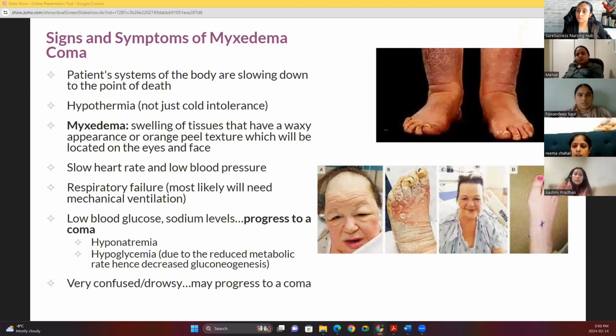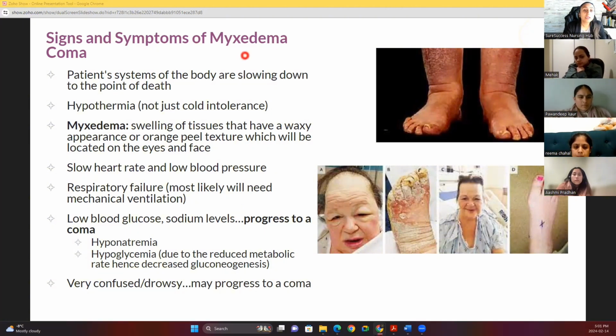Provide warm blankets. Very good. All right. Heart rate is low, low BP. I'm monitoring it. Low blood glucose. What do you think the doctor is going to order? IV glucose. Yeah. Low sodium, maybe the doctor is going to give sodium medication.